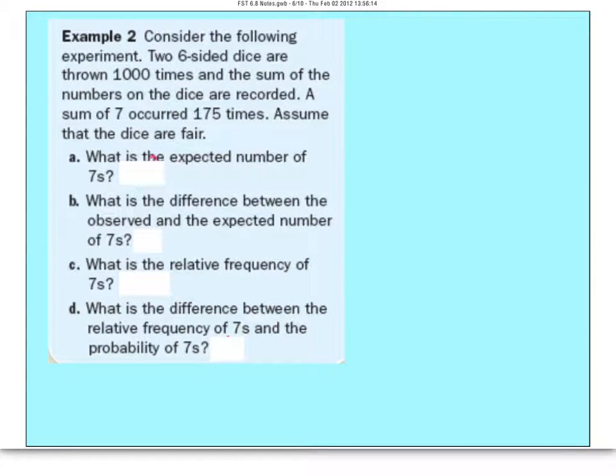Consider the following experiment. Two 6-sided dice are thrown 1,000 times, and the sum of the numbers are recorded. A sum of 7 happens 175 times. Assume the dice are fair.